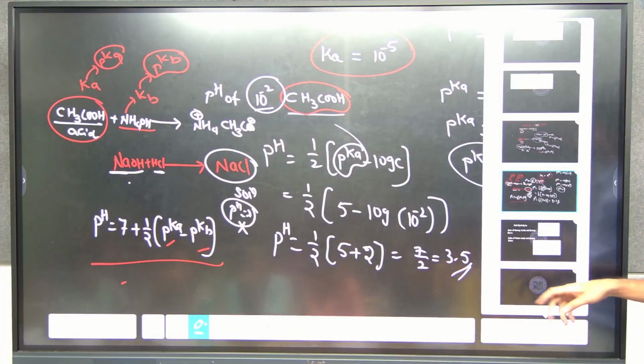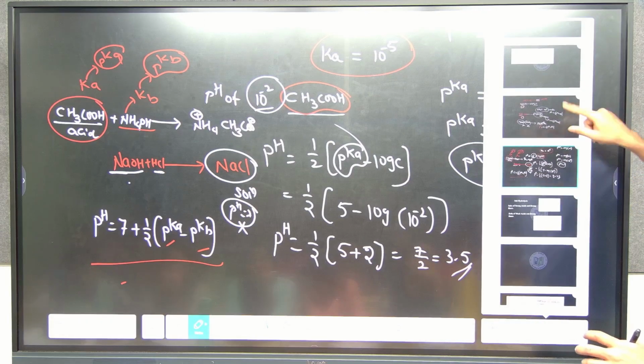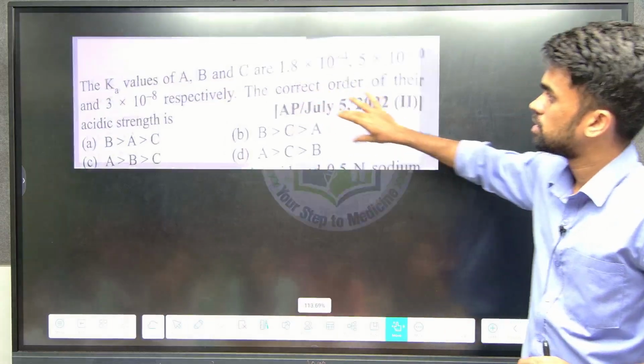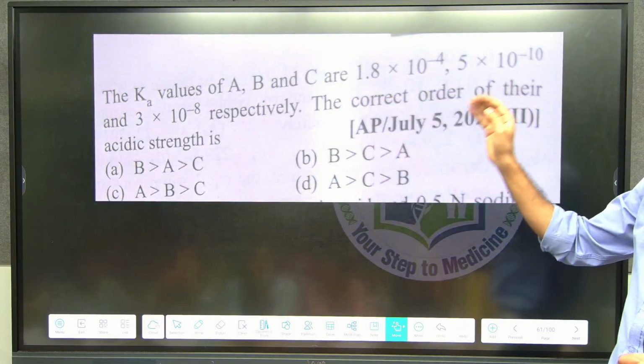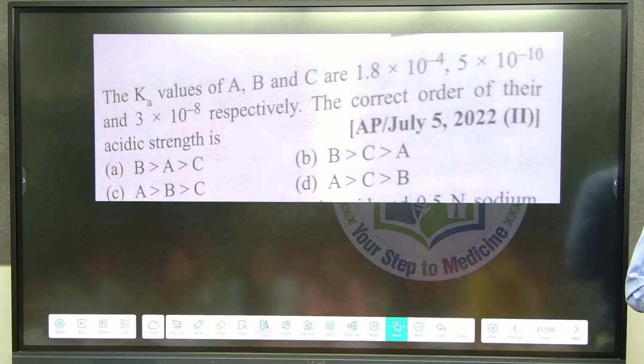Over up to here? Okay. Next one. Look at this question once. Ka values of A, B, C are given like this. What is the correct order of their acidic strength? What is a Ka value? Acid dissociation constant.